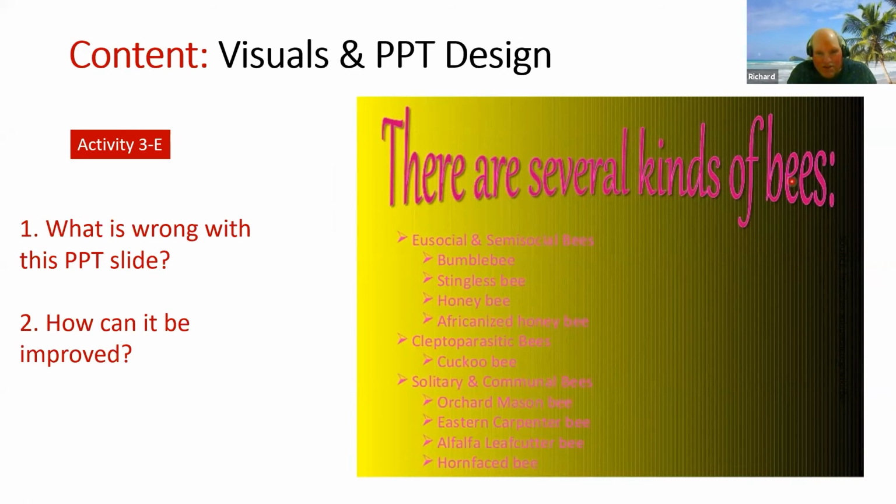Do we have to say there are several? Do we have to say those words? Could we just say types of bees, or even bee types? Bee types, maybe types of bees would probably be better. So we can shorten the title even. Anything else? Could we just add some ideas regarding this?